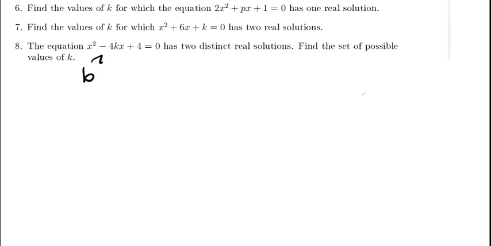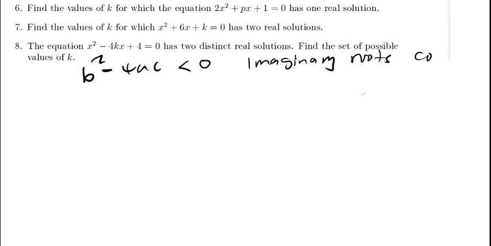When b squared minus 4ac is less than 0, you are going to have imaginary roots or complex roots. When b squared minus 4ac is equal to 0, you are going to have what?